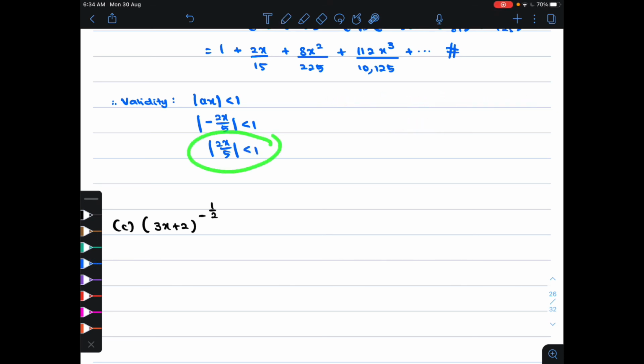So now for this part here, we will apply the modulus law. So we will get 2x over 5 is between negative 1 and 1. So we only want the interval of x only. But now in the middle here we have 2x over 5, so we times everything by 5 over 2.